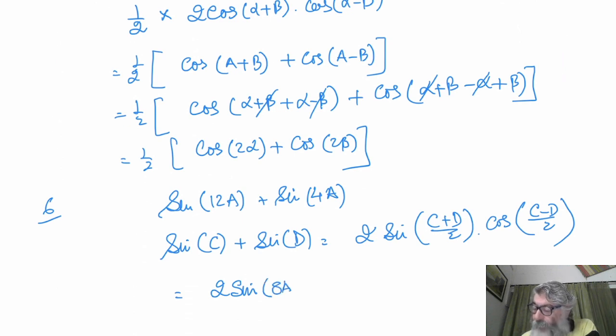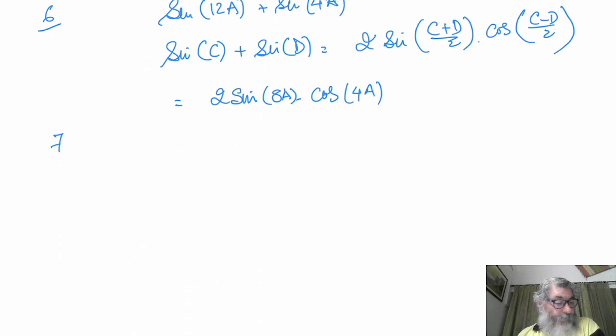So 2 sine 8A, and for cos, C minus D is 12 minus 4, which is 8, 8 divided by 2 will be 4A. So this becomes 2 sine 8A cos 4A.